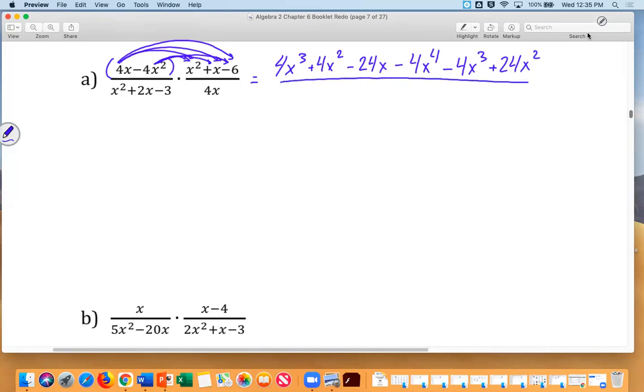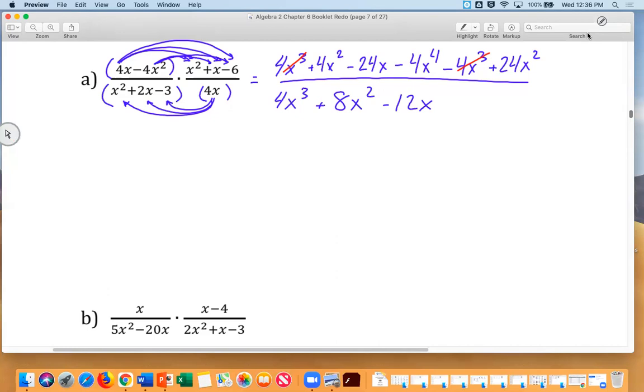On bottom, well, I have to multiply this by this. And that gives me 4x cubed plus 8x squared minus 12x. All right, this would cancel with that.